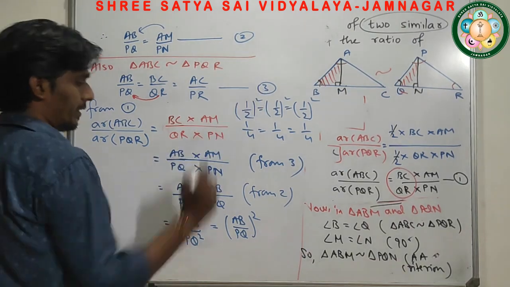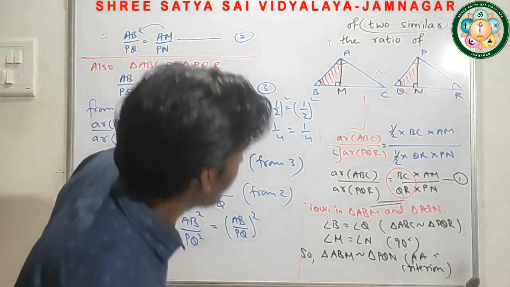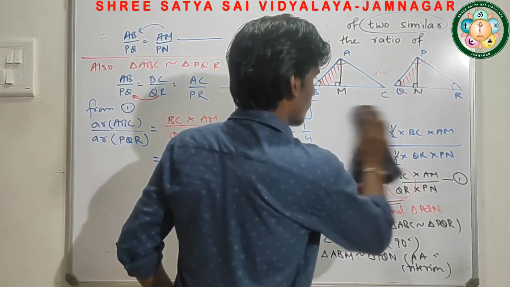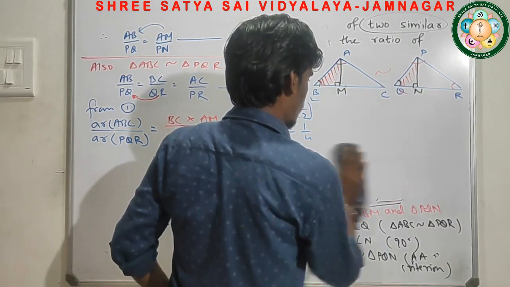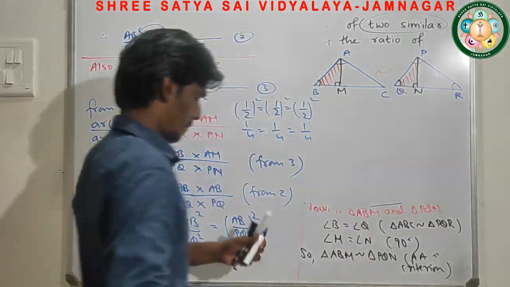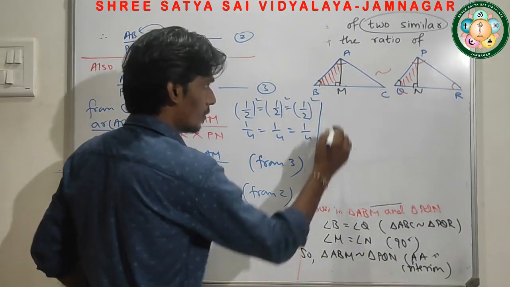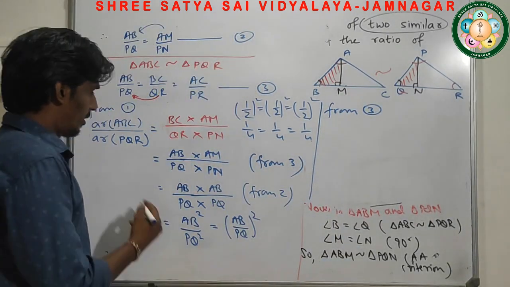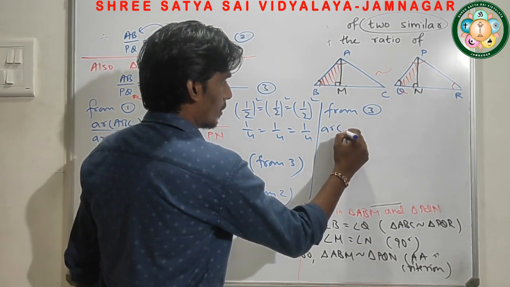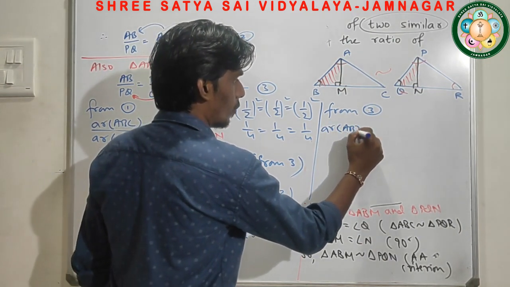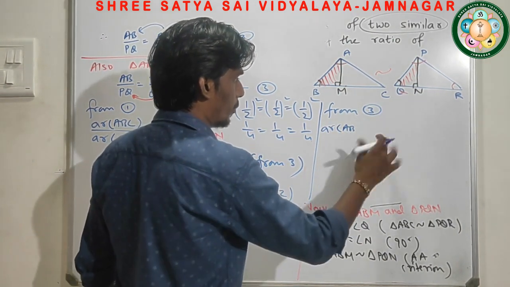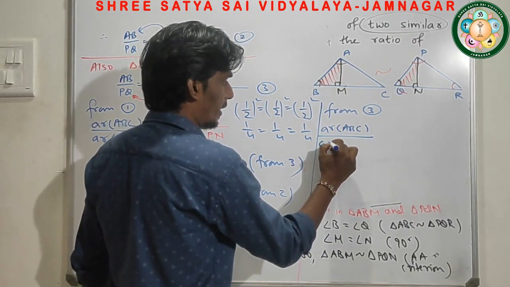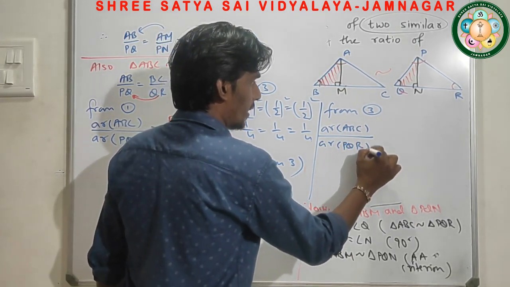So from this 3, we can write, you have to write just the statement which you want to prove. Area of ABC upon area of PQR.